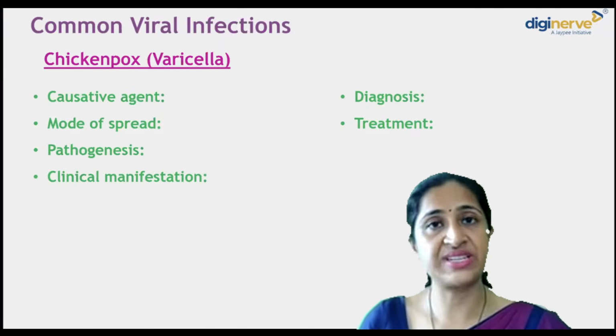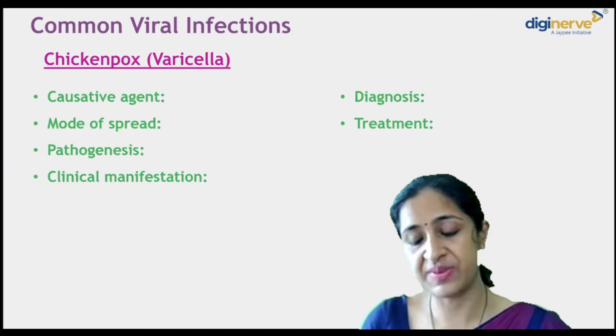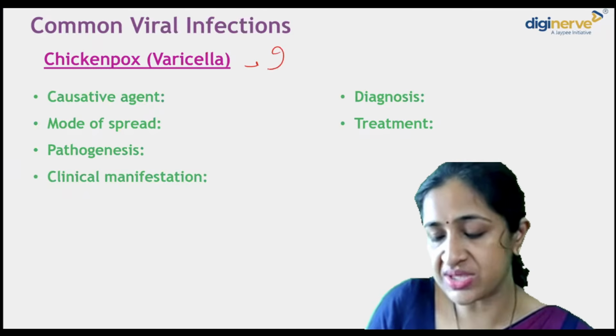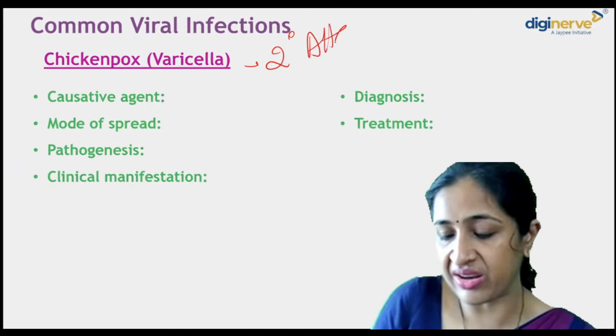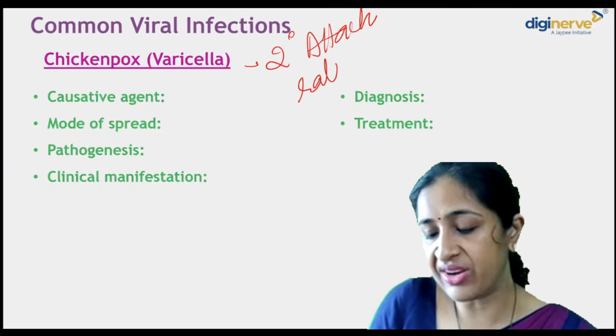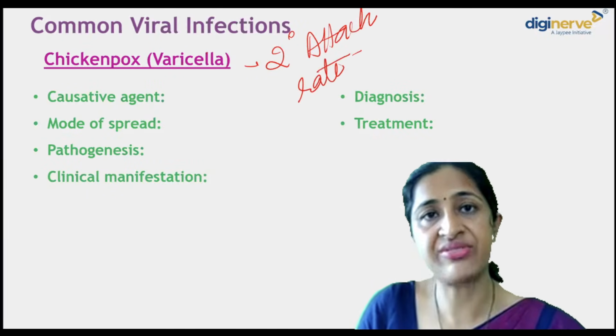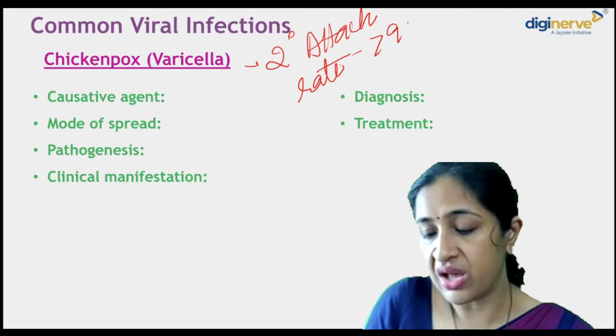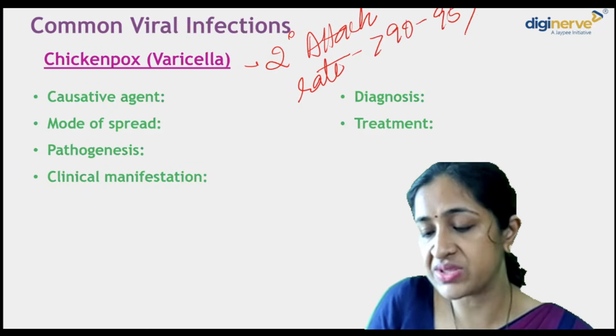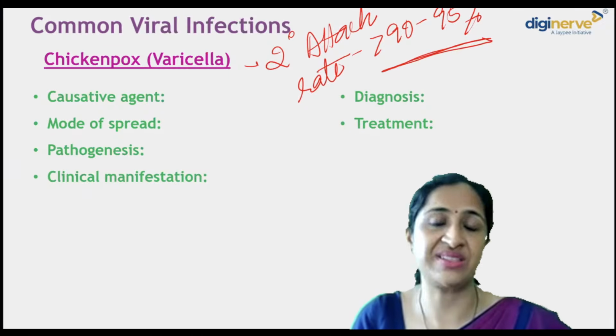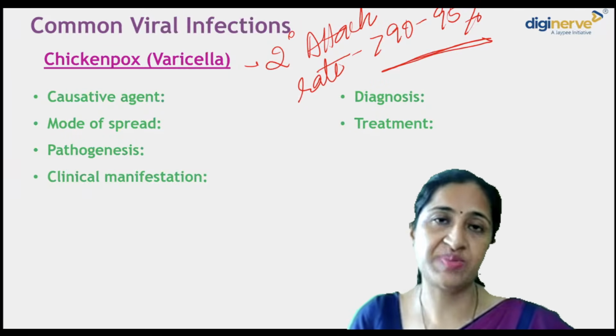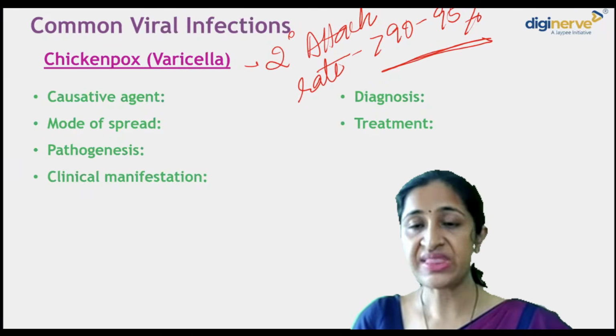Chickenpox, causative agent varicella virus, mode of spread respiratory. Varicella, important something called secondary attack rate. The secondary attack rate is when one child picks up varicella from another child. This is around 90 to 95% in the unvaccinated population. Mode of spread is respiratory droplets.